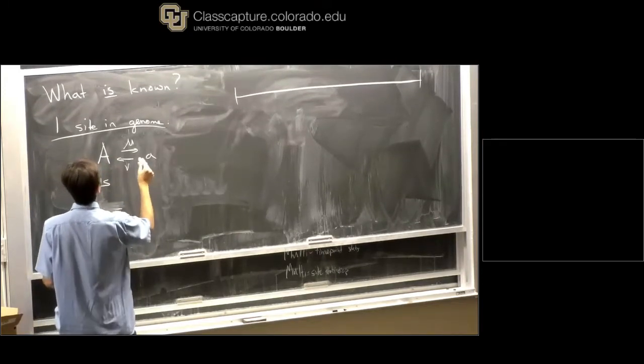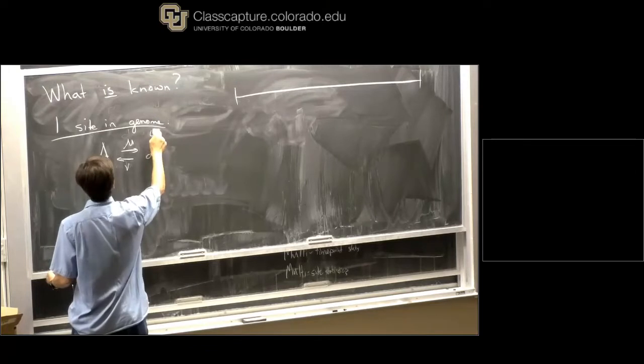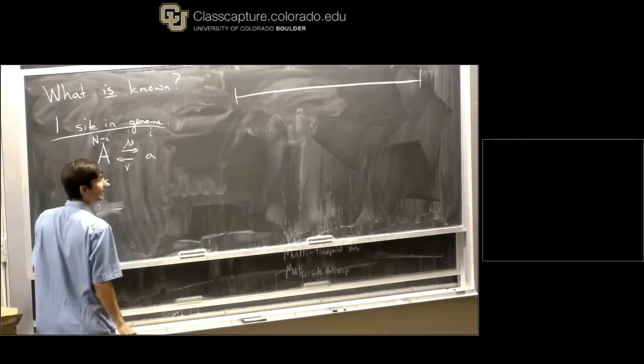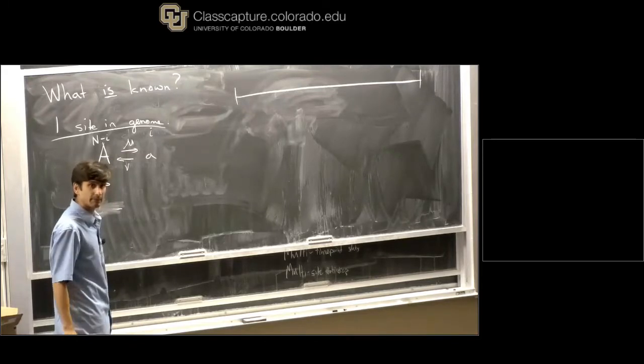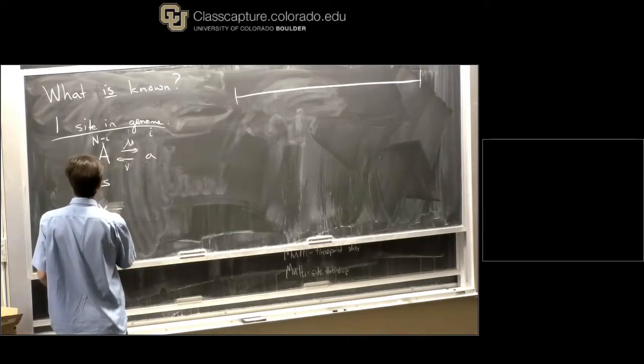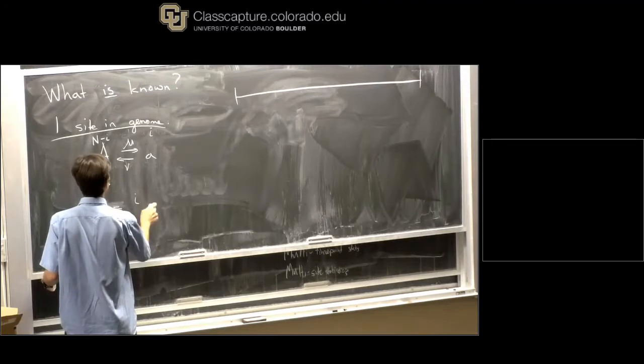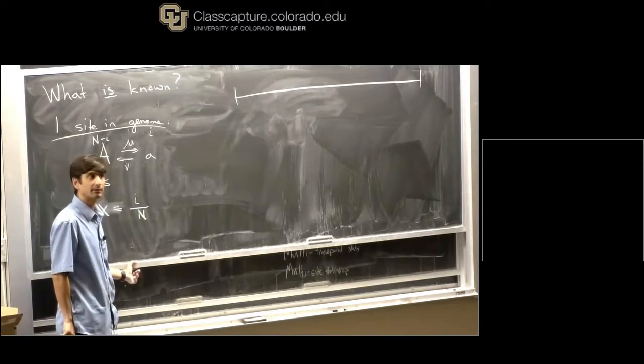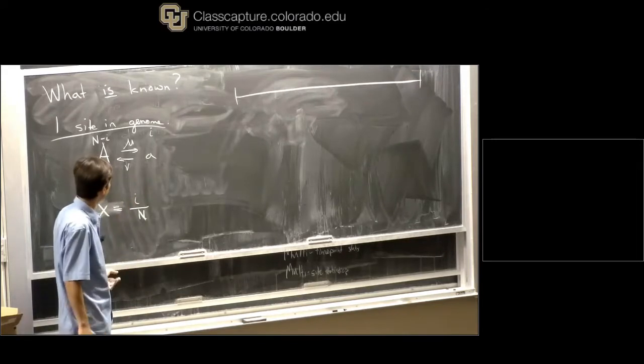I'm going to say there are I individuals of type little a and n minus I of type big A. So I'm going to define X equals I over n, the frequency of the allele little a.